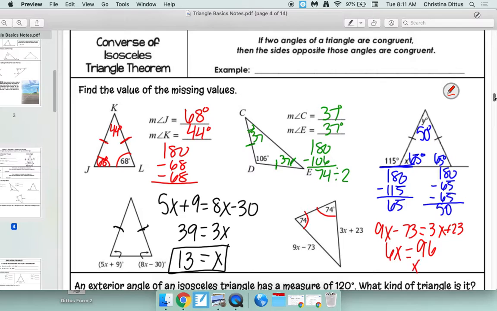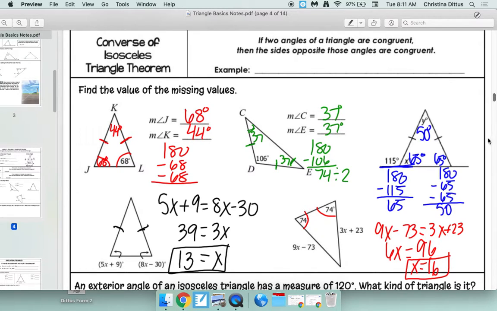And then x is how much? Alright. Questions there?